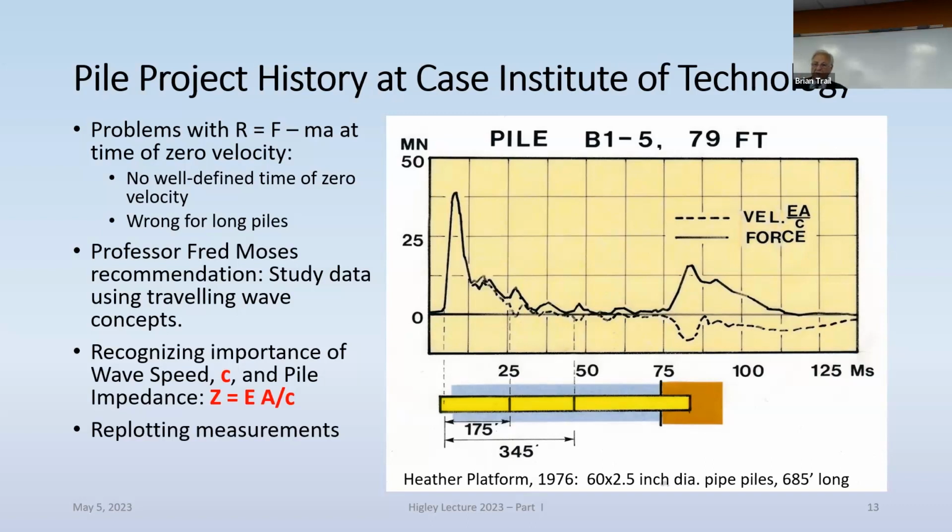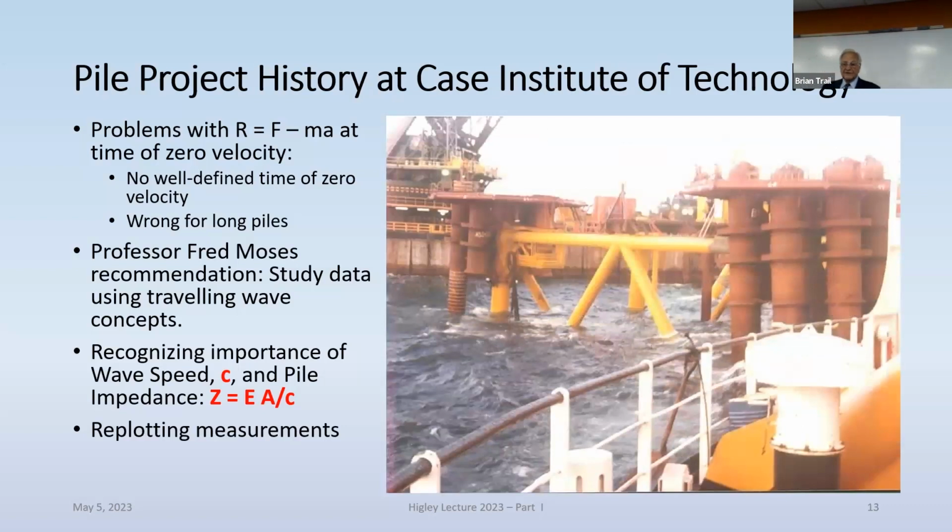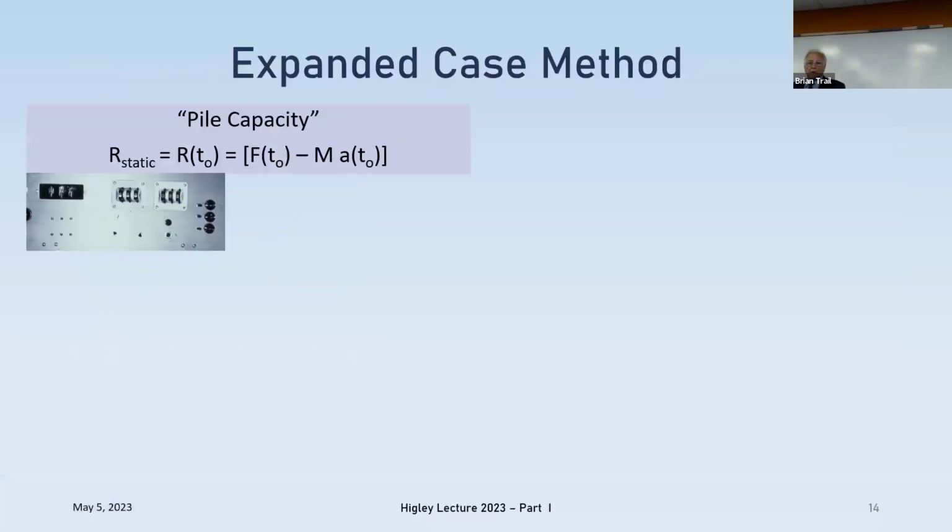That was actually a record that we already then collected as consultants. It was on the Heather platform where I was in '76, and where we had the first time offshore a pile driving analyzer working. So that analyzer was, of course, the other deliverable that we had to develop.